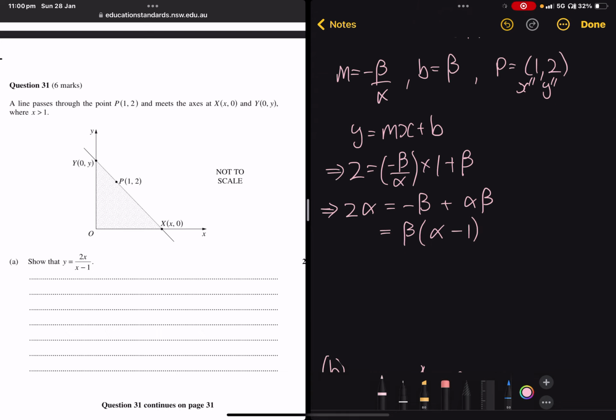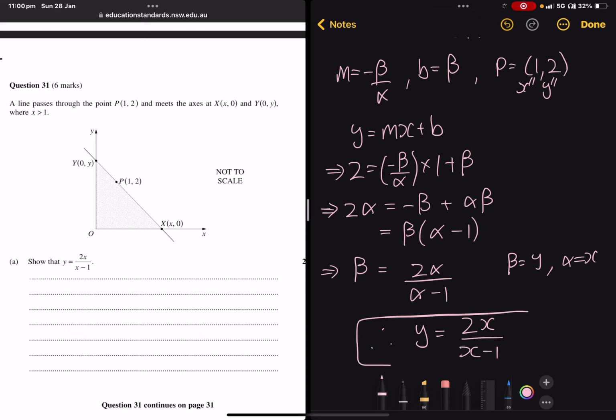Divide both sides by alpha minus 1, and I get beta is equal to 2 alpha over alpha minus 1. I back substitute the x and y values. So I let beta equal y, and I let alpha equal x. And I find that y is equal to 2 times x divided by x minus 1. And this is what we were after in this question.